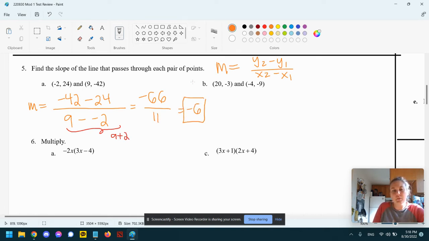Which simplifies to negative 6. I did the second y minus the first y, and the second x minus the first x.